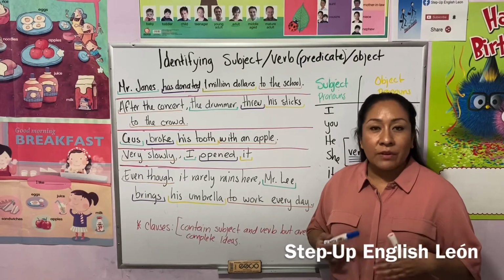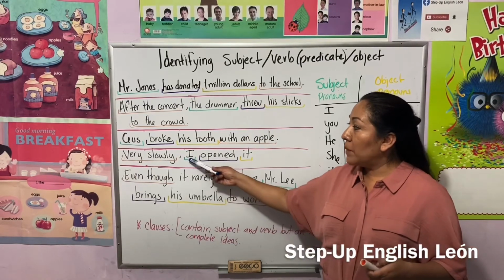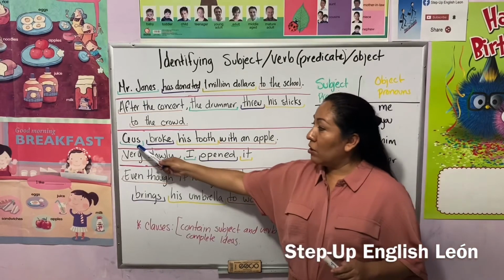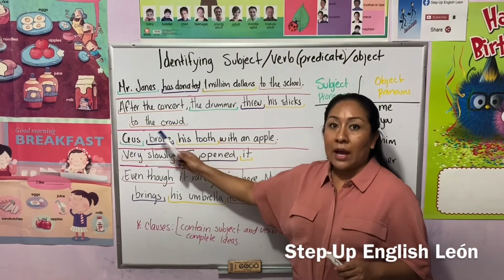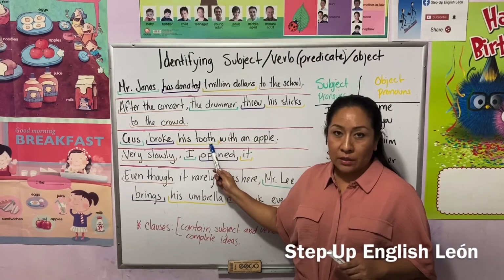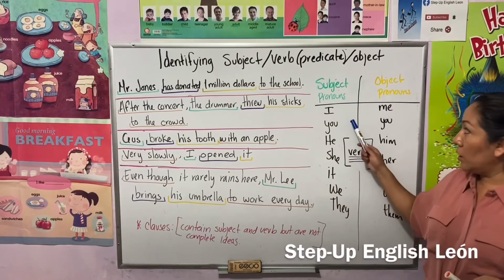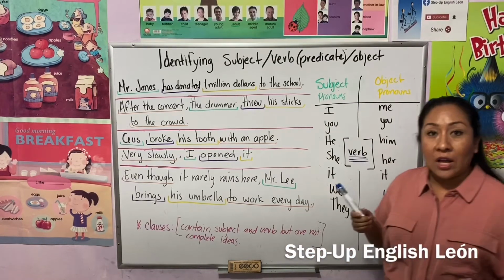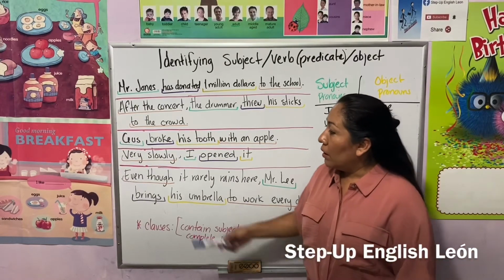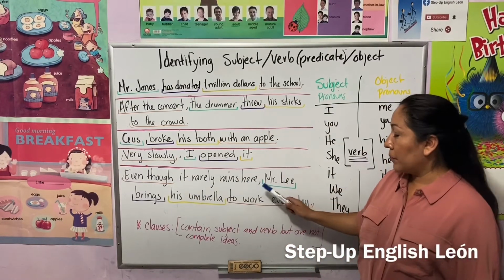If I don't have clear information of who or what I'm talking about, then I have to be clear, like here, Gus broke his tooth. I mentioned the name of the person and I mentioned what he broke. So if I know what I'm talking about, that's when we can use pronouns. If not, we don't.